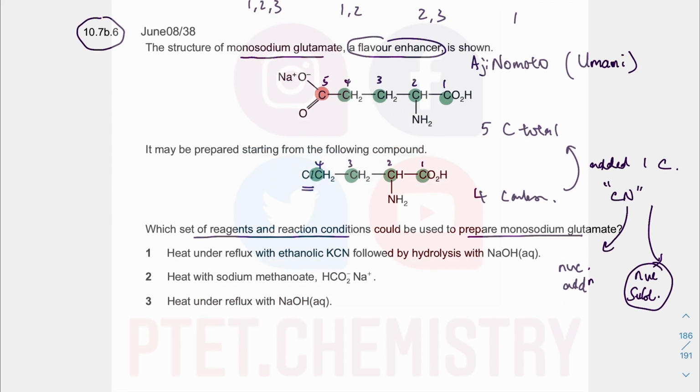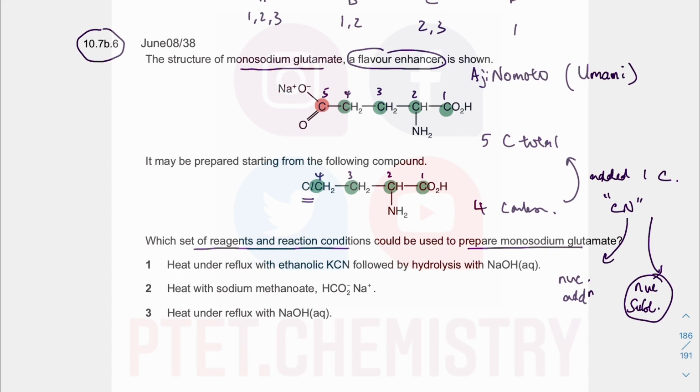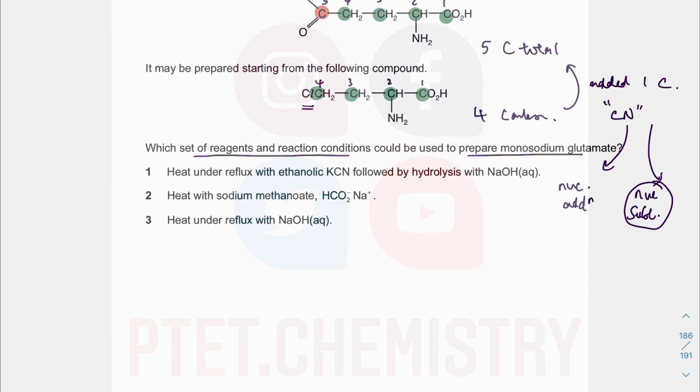So if we check number 2 first, number 2 is saying that if you hit it with sodium metanoate, then the metanoate could act as a nucleophile and attack this chlorine. The question is, could it or could it not? You only have HCO2 minus.